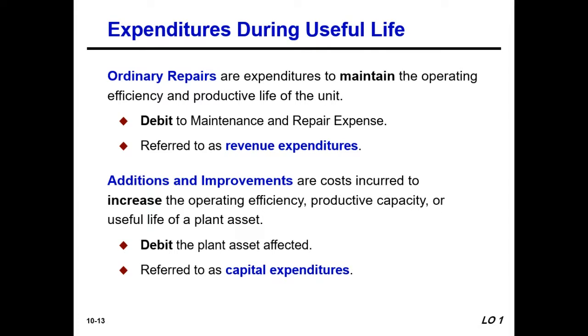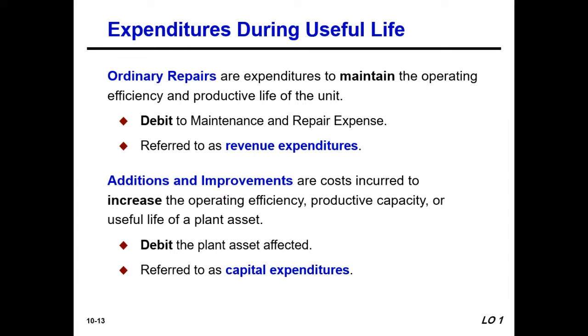We call them a revenue expenditure. But sometimes you have additions and improvements, and the purpose of this one, see what is highlighted, is to increase the efficiency, productive capacity, or useful life of the asset. Let's say you replace the engine of your car, for example.